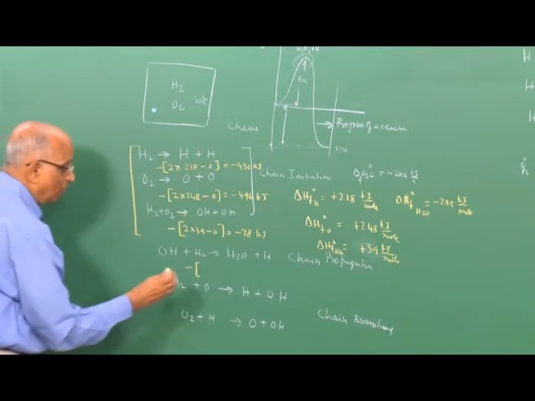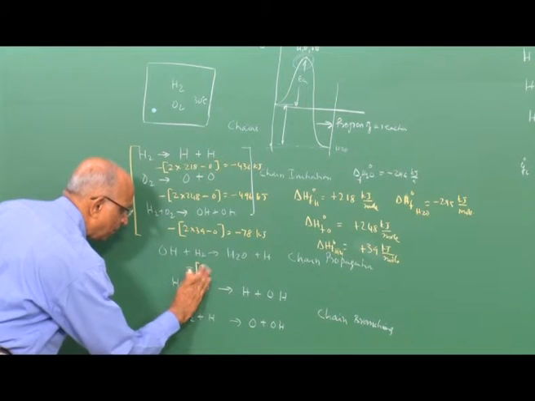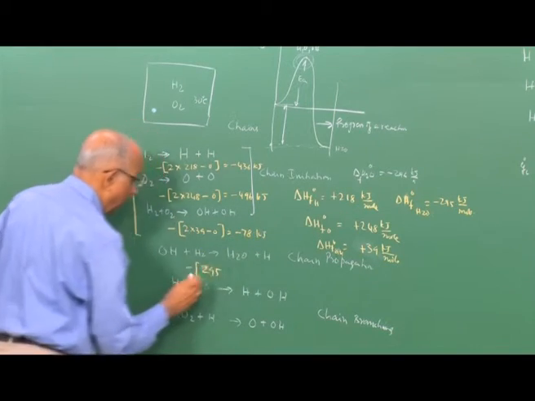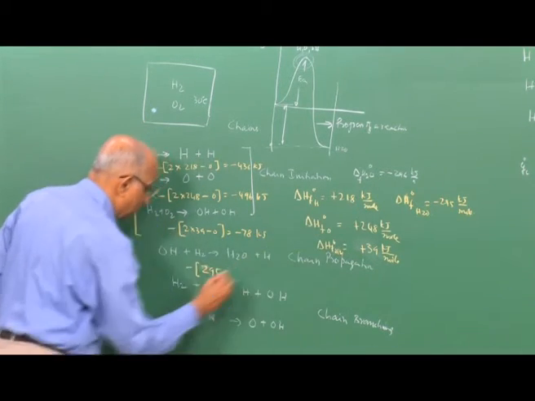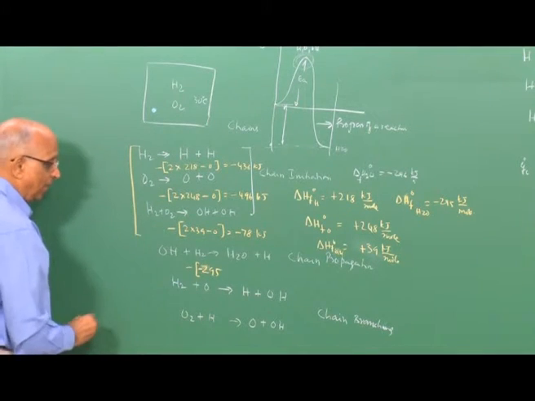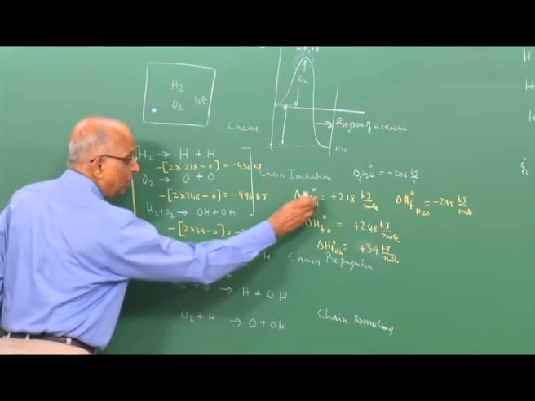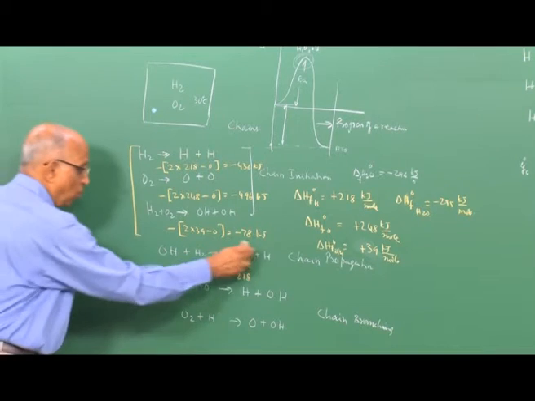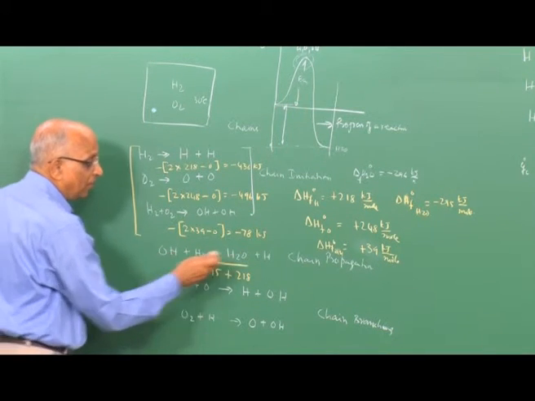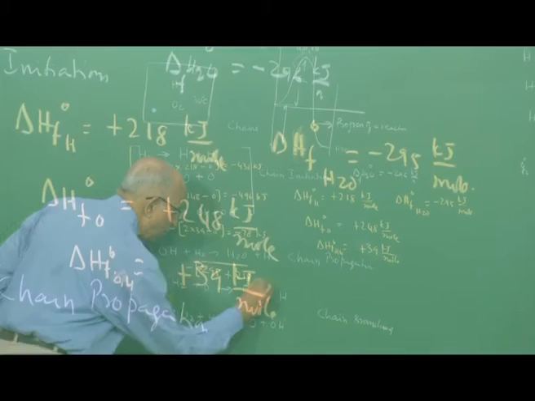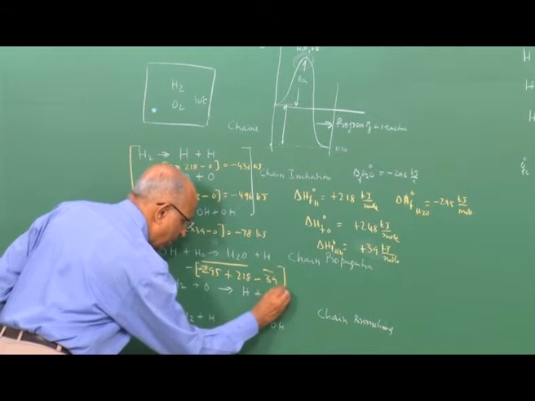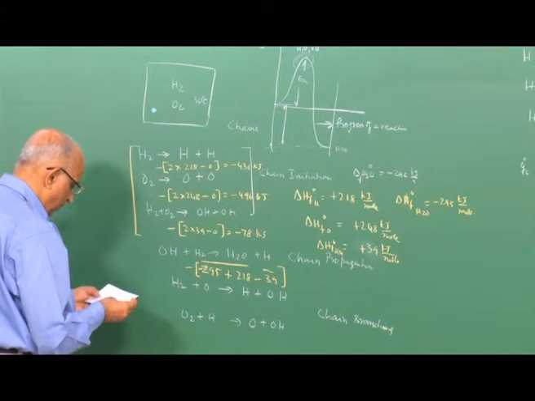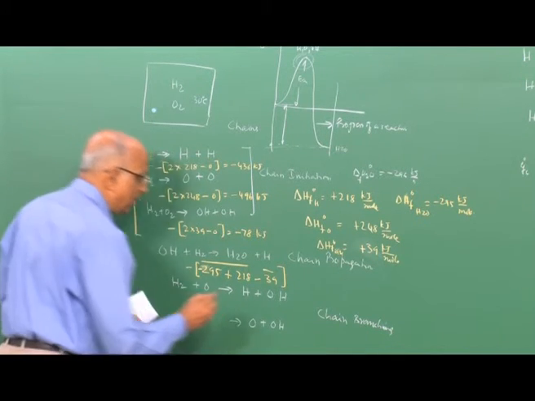Therefore, I put the value, I have 1 mole of this, therefore 295, and mind you, it is minus, that means minus 295 plus H, which is positive, plus 218, that is the value for the 2 products H2O and H. And for OH, well, minus of plus 39, this is for the products. If I add this up, the heat of reaction of this particular propagation reaction comes out to be equal to plus 28 kilojoules.